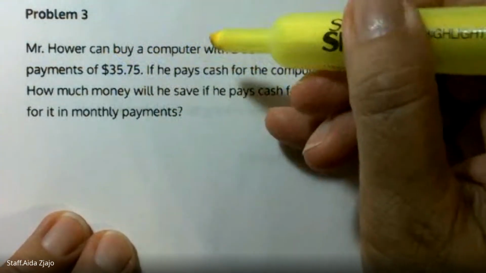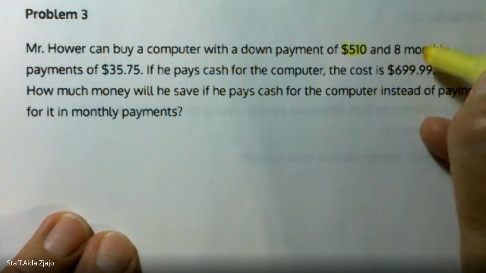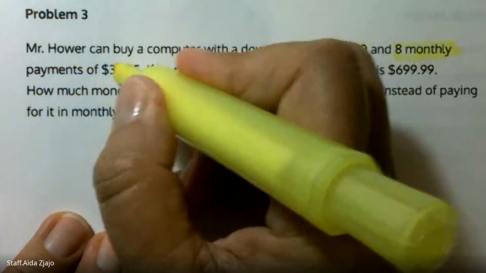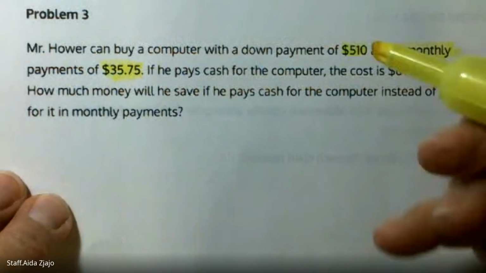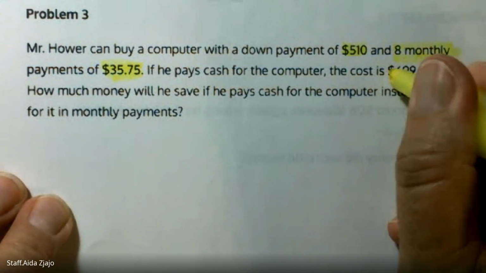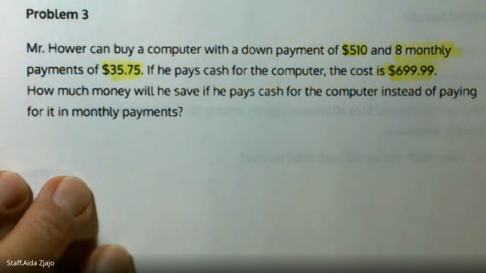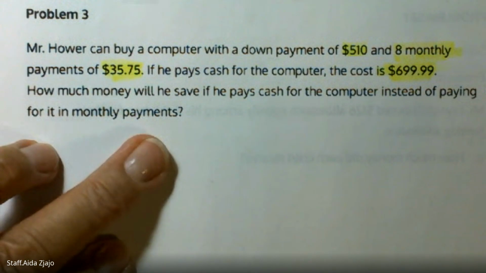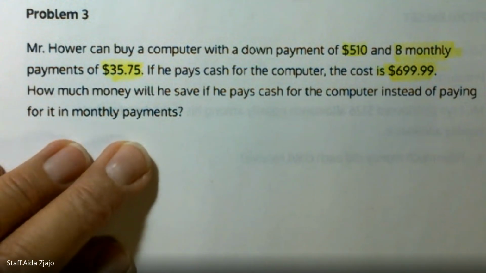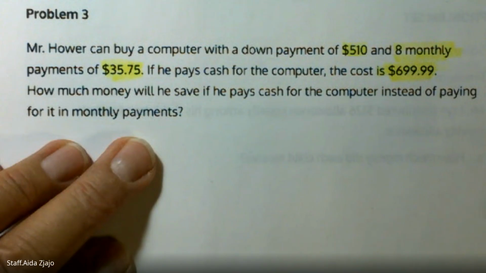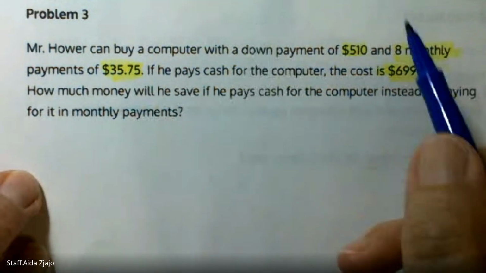Mr. Hoover can buy a computer with a down payment of $510 and 8 monthly payments of $35.75. If he pays cash for the computer, the cost is $699.99. How much money will he save if he pays cash for the computer instead of paying monthly payments? Okay, so let's see if we can find expressions.